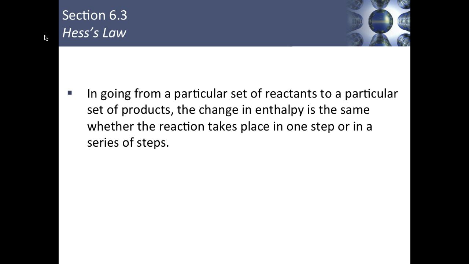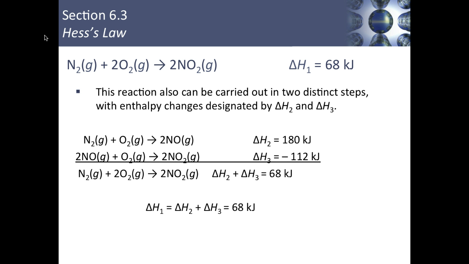Now let's take a look at this. We're given the reaction at the top, nitrogen gas plus oxygen producing 2 nitrogen dioxide. This reaction is going to happen, and it's going to produce 68 kilojoules of energy. The same process could be described through forming 2 nitrogen monoxide and then adding in the other oxygen to produce 2 nitrogen dioxide.